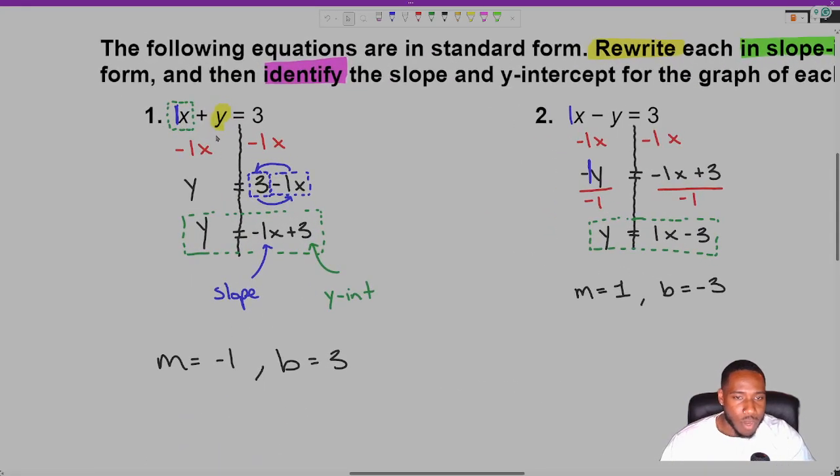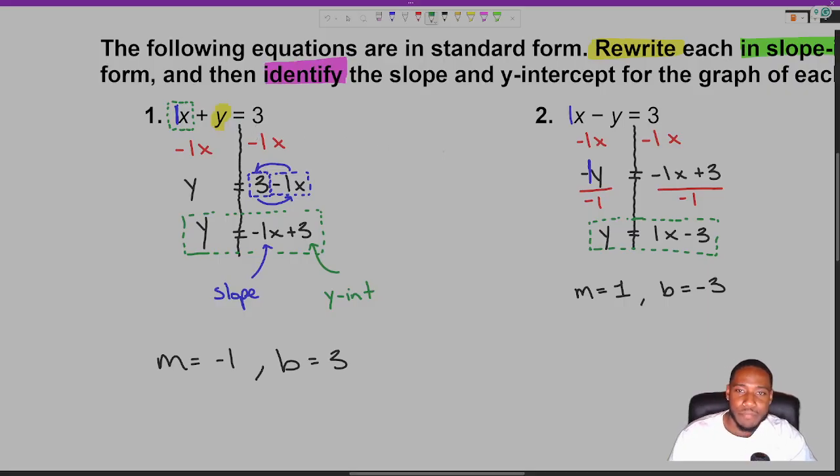So for number 1, our B value was 1 because of that identity property, right? And our C value is 3. Go ahead and write that.